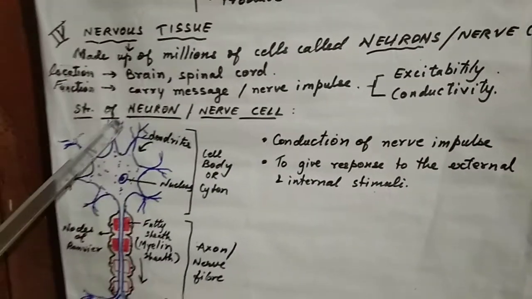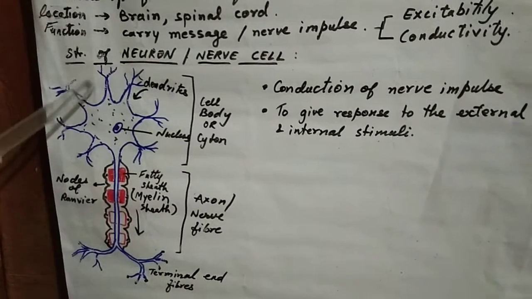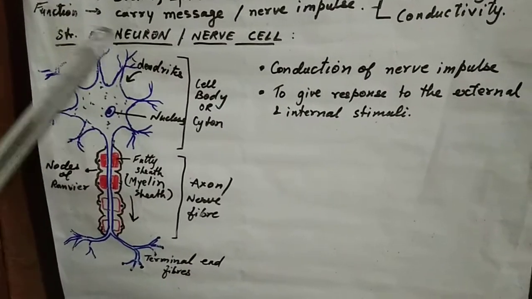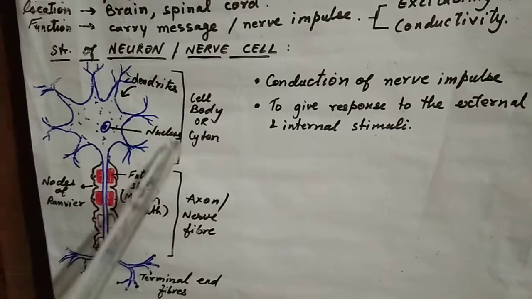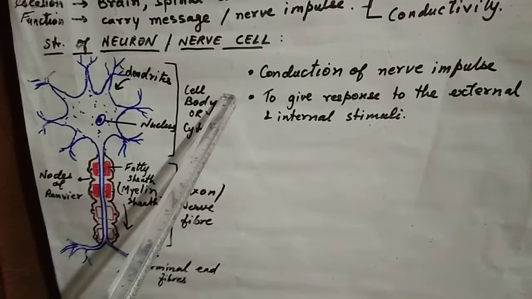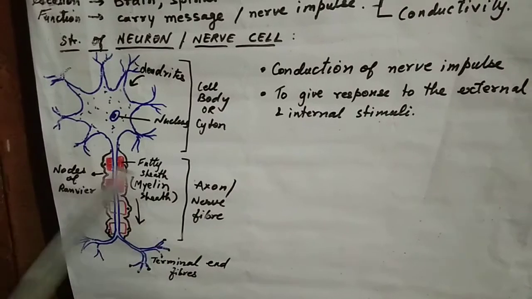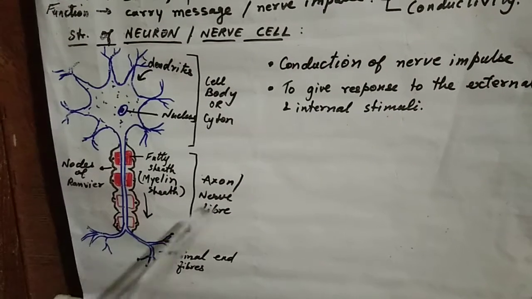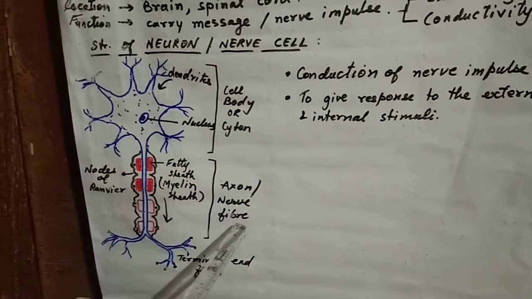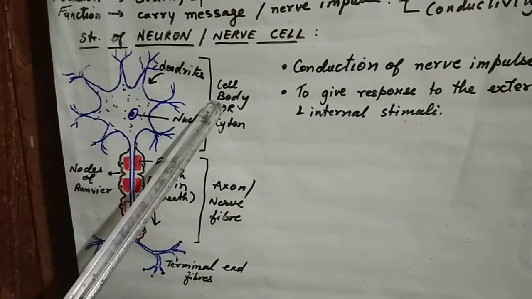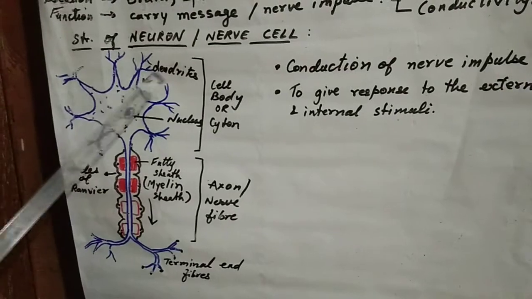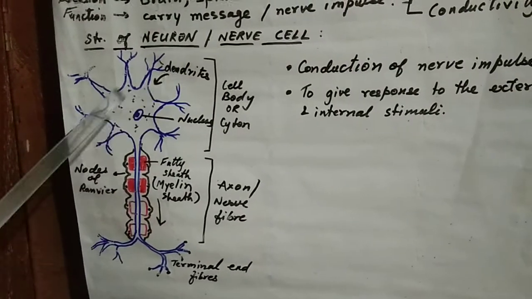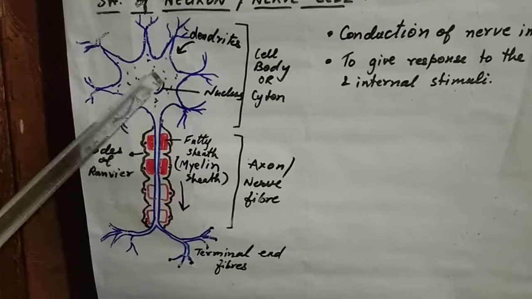So the structure of the neuron, if it is asked, you should know the labelings. In this structure of the neuron, this blue part on the top is called the cell body or cyton, and the long part is called the axon or nerve fiber. In the cell body, you will see some branches coming out. These are called dendrites. Inside there is a nucleus too.